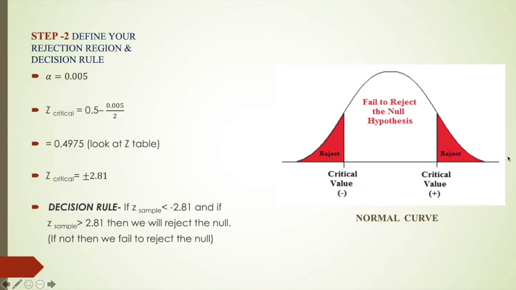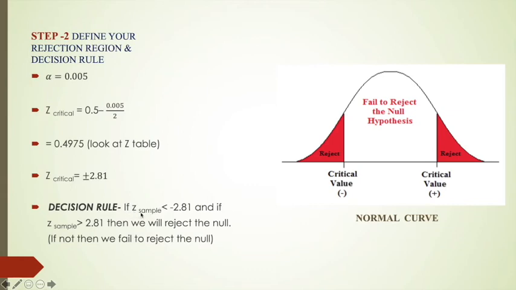This is a rejection region and this is a rejection region. If our z sample is in these areas, we reject our null hypothesis. But if it is in the middle, we fail to reject our null hypothesis. This is a simple way to look at it, but the decision rule is quite clear and states it precisely.